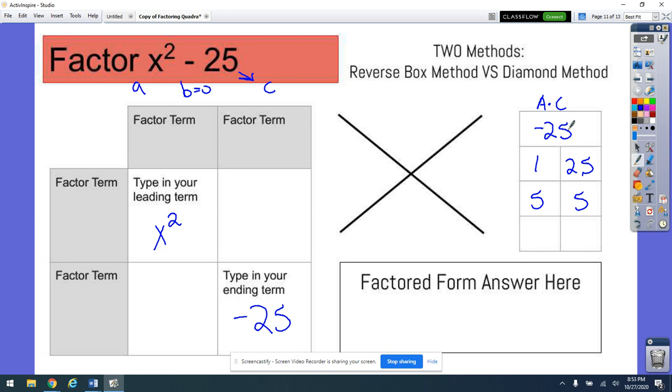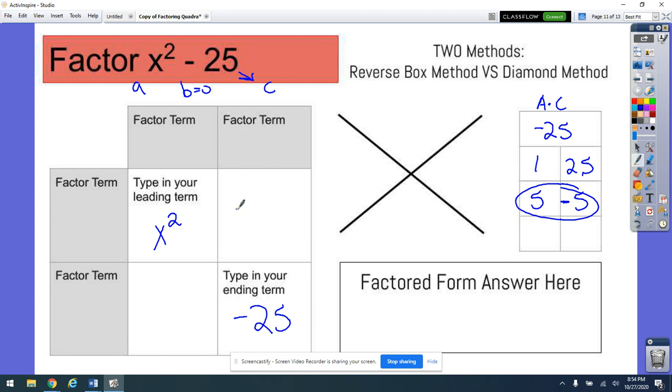Which one can possibly be negative so that it cancels out and gives me a 0 here? If you take a look, with 1 and 25, the closest I can get towards 0 is 24. If I take a look at 5 and 5 and make one of them negative, I can get this 0 term here. So I'm just going to make this one negative for this particular example. That's the only possible way I can cancel it out.